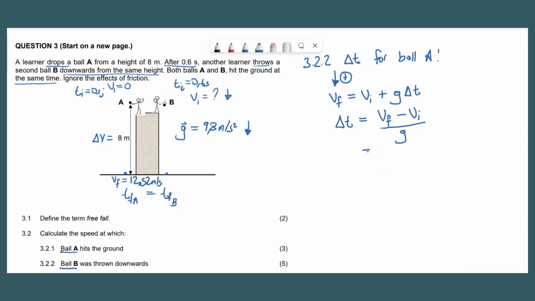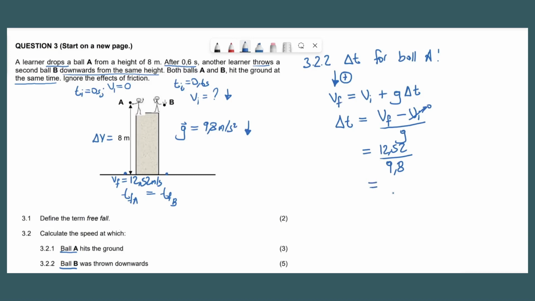And then we can substitute in the quantities. In the previous question, we found that the final velocity of ball A is 12.52 meters per second. And of course, the initial velocity is just 0, so we can actually just scratch that one out because it's nothing. And the gravitational acceleration is always 9.8 meters per second squared.